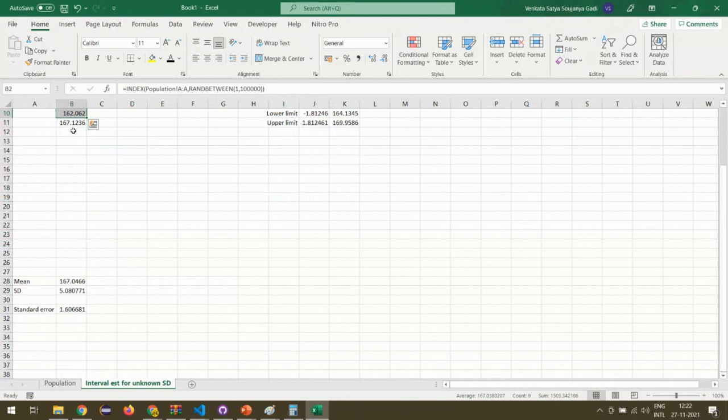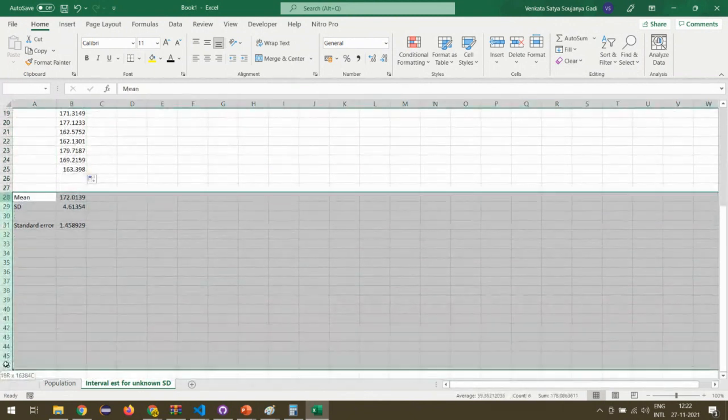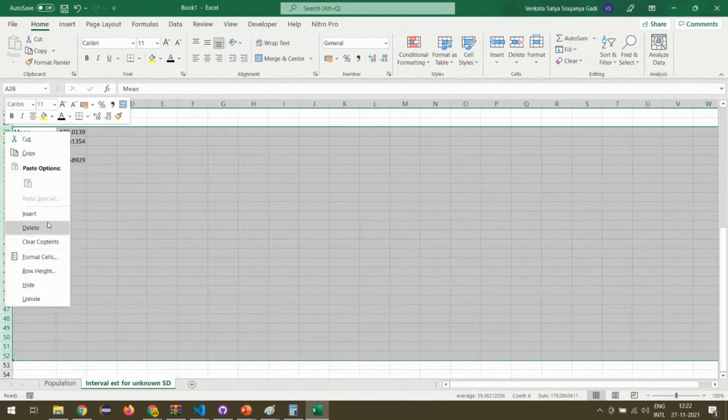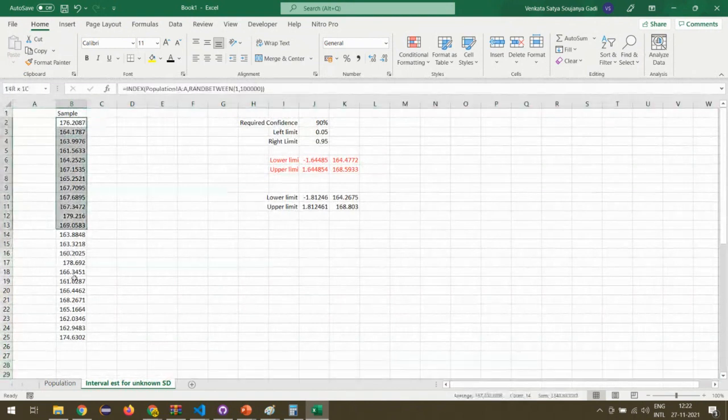So let us have more. The number of sample elements. So now we have 24, I guess.